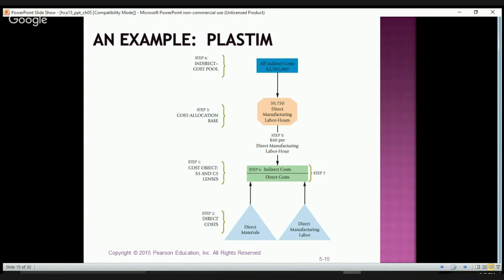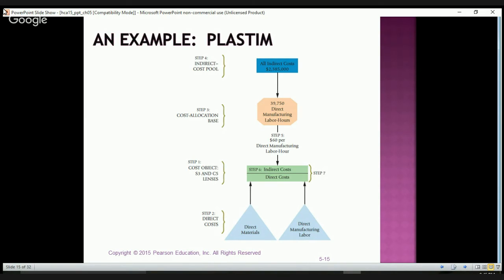Step 3 is to select the cost allocation base to use for allocating the indirect costs. This particular company has decided to use direct manufacturing labor hours as the base and estimates there are going to be 39,750 direct labor hours. Step 4 is to identify the indirect costs associated with each allocation base. If you only have one base, you'll need only one cost pool for all the costs to be allocated.